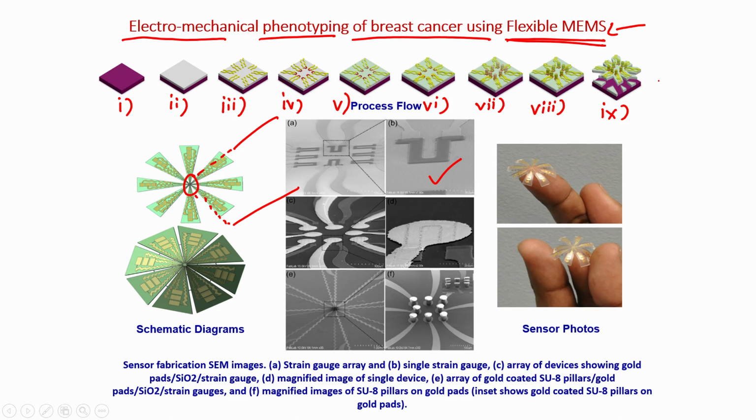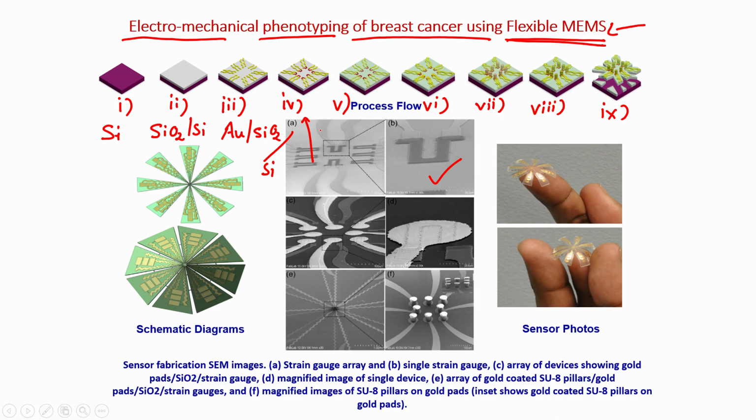Right. Once again, let us see slowly. First step is take a silicon wafer. Second step, grow silicon dioxide on silicon. Right. What is the third step? Third step is we have now deposited electrodes using chrome gold on silicon dioxide, which is an insulator, and this silicon dioxide is grown on silicon wafer.